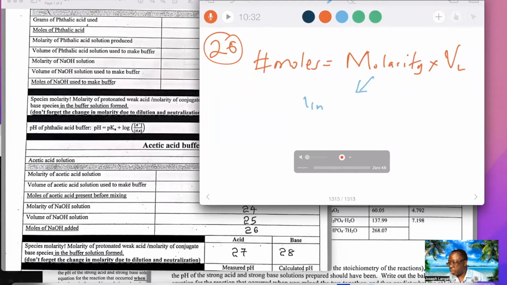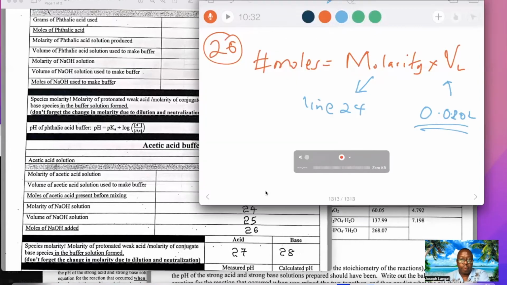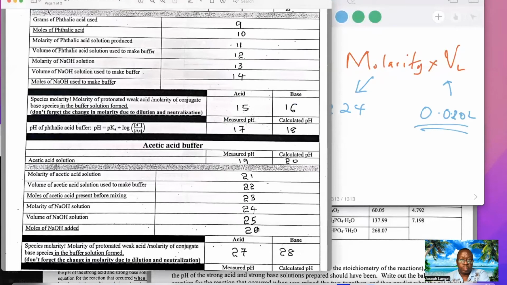We use 0.02 liters, which is the volume of NaOH used. Change to liters, 0.020. This will give you line 26 from my numbering, the number of moles of NaOH.